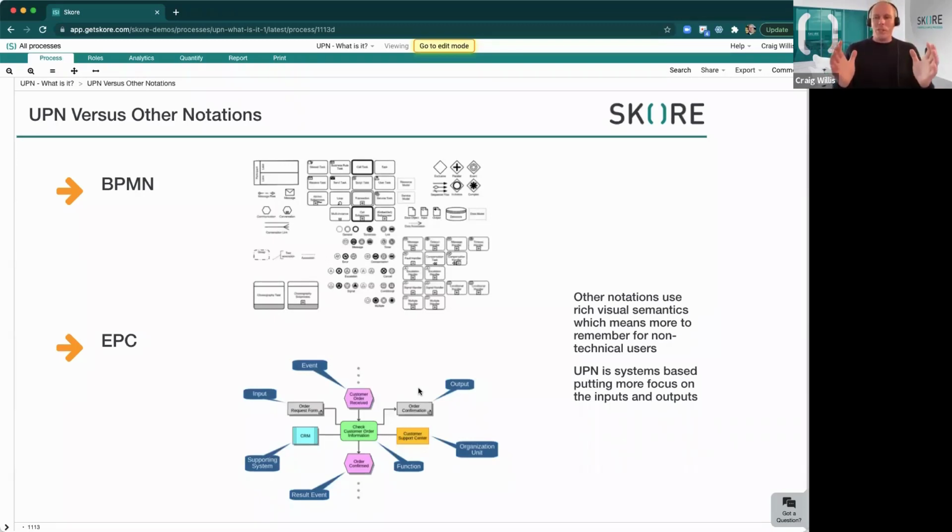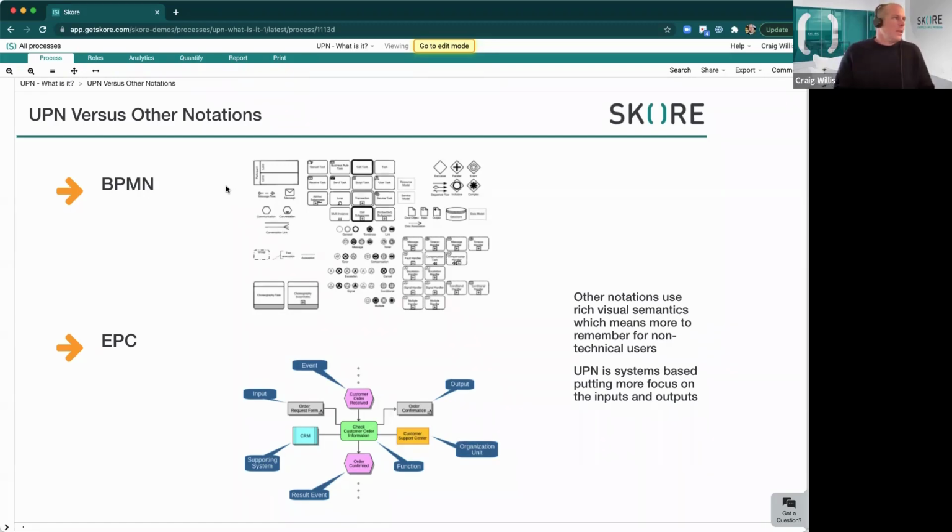You'll remember that UPN has this real focus on defining both inputs and outputs for activities, and it helps us to do that. These other approaches don't tend to put so much emphasis on that, and therefore it's very much about the specific activities that happen. So it's very difficult to model something that is perhaps nebulous, as I mentioned before.